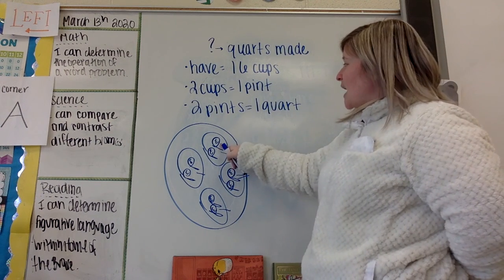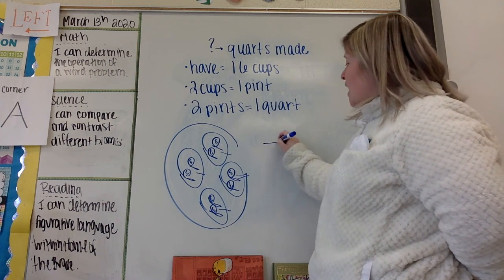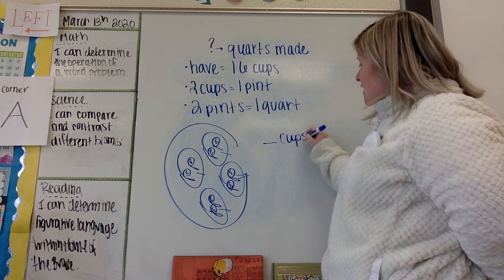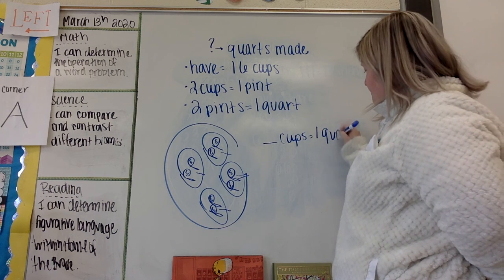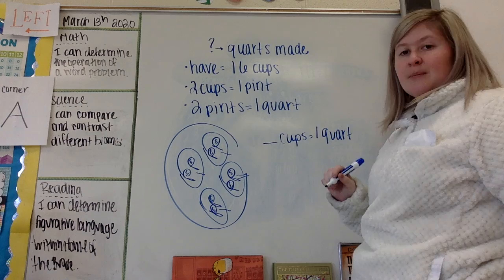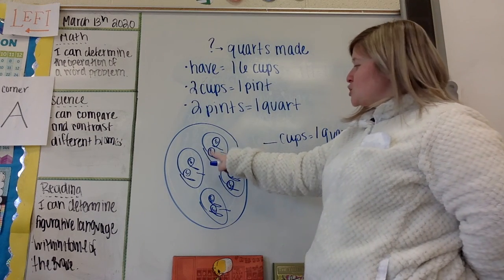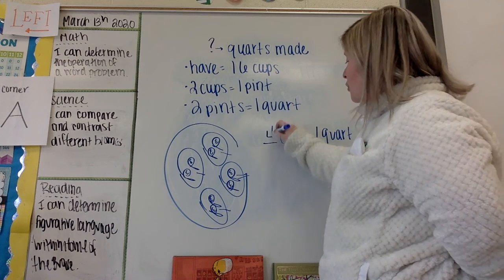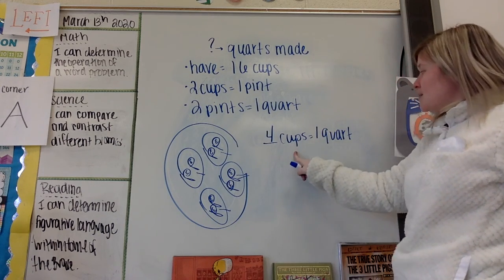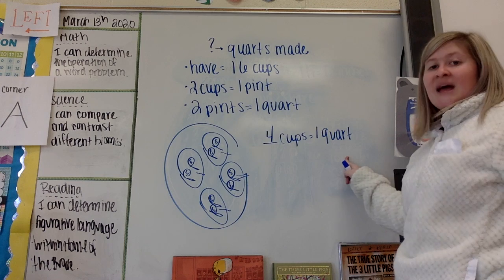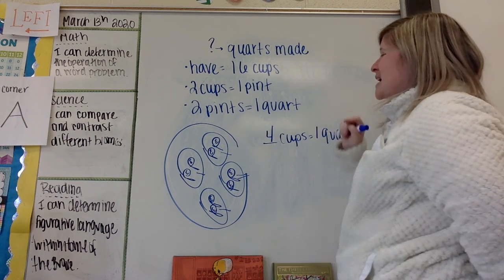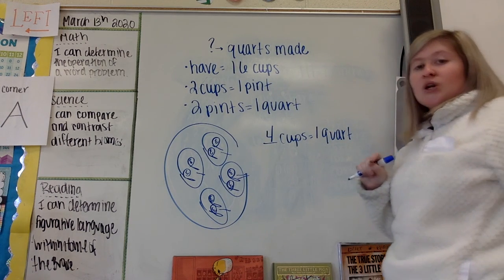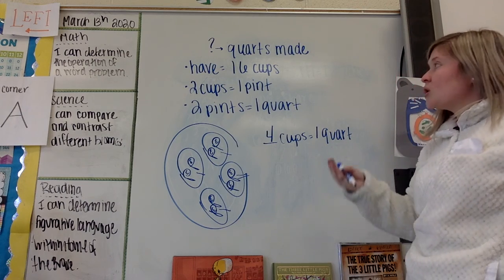So if there's 2 pints in 1 quart, how many cups would be in 1 quart? And then we can kind of fill in the blanks from there. So if 1 pint is 2 and I have 2 of them, 2 times 2 would be 4. So I know there are 4 cups inside 1 quart, and I now have 16 cups total. And I want to know how many quarts that's going to make.